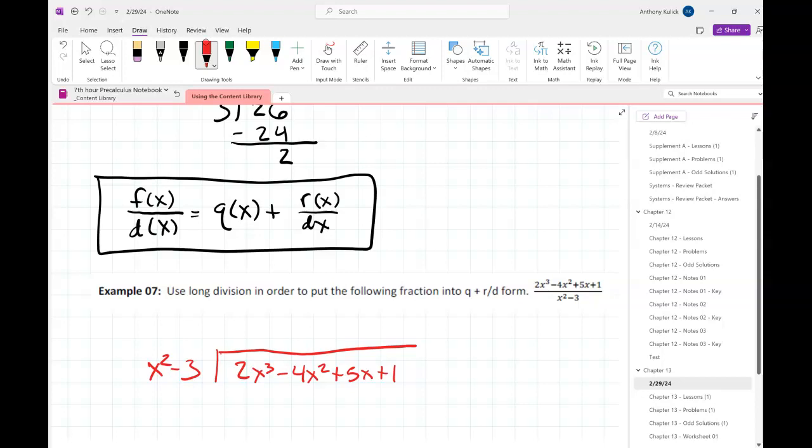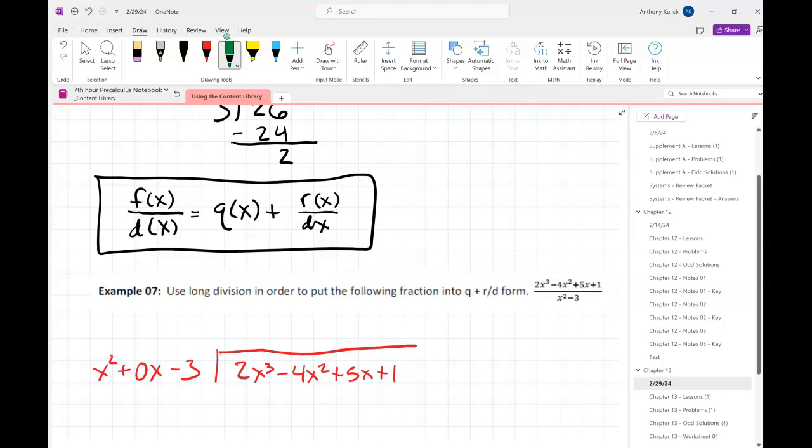What did I skip? An x. Yeah, so what I'm going to do, and this is really just to make my life a little bit easier and make sure everything lines up, is I'm going to put a 0x there. There are no x's, but I want to make sure I have that place for x's in my divisor. Everybody okay?